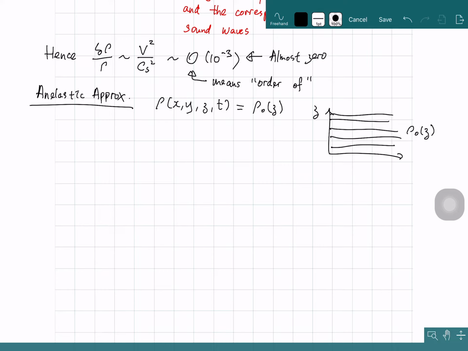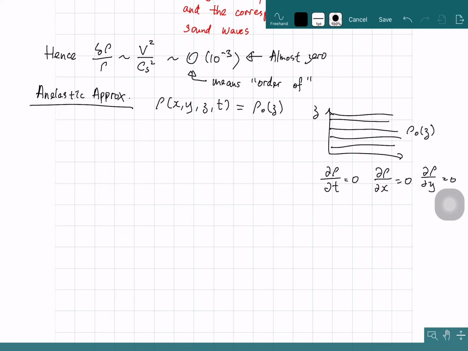What does it mean? If you use the full continuity equation, you can eliminate some terms, which means that it doesn't change with time, and it doesn't change if you go from one place to another, so the horizontal change is also 0.